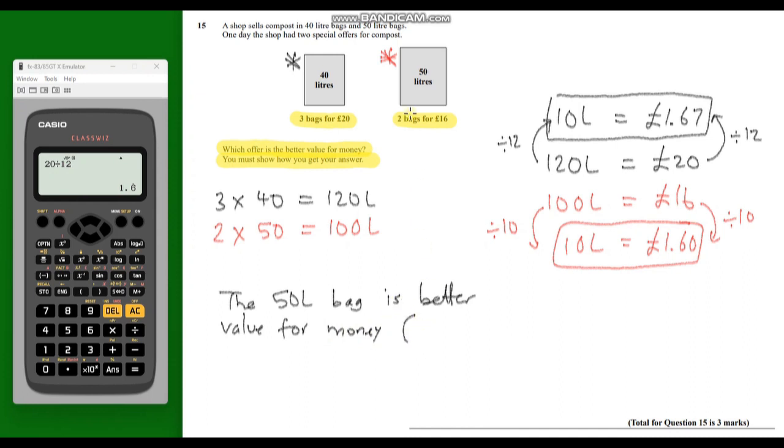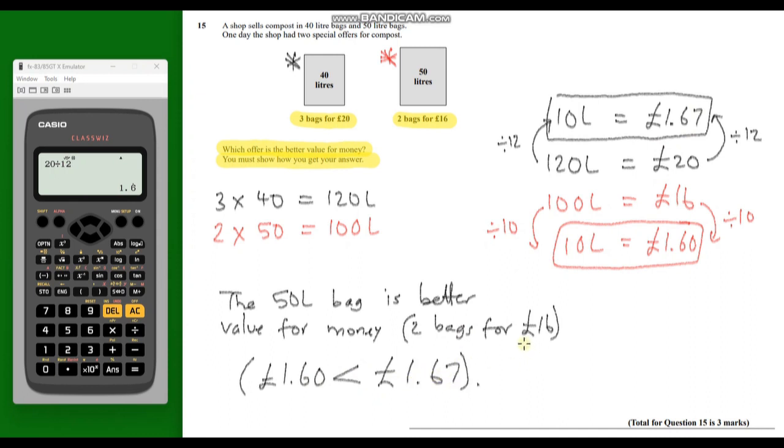In brackets, I'm just going to put 2 bags for £16, because it's asking us which offer is better value. So the 2 bags for £16 is better value, and then I'm also going to put in here £1.60 is less than £1.67.